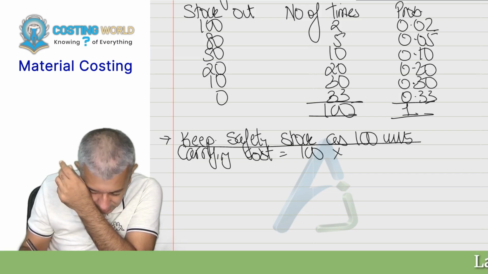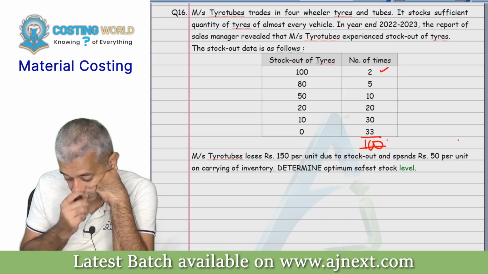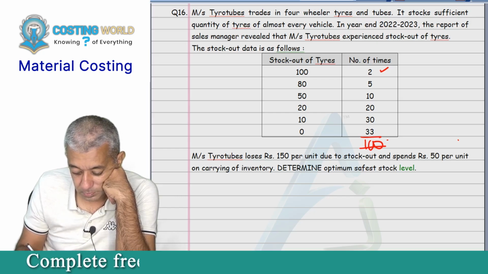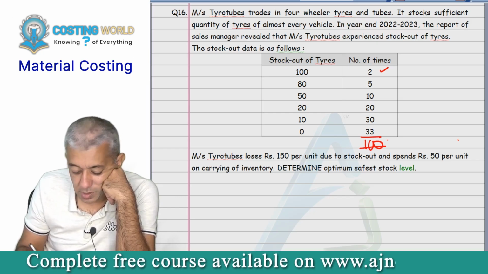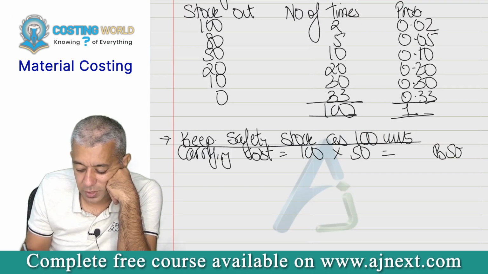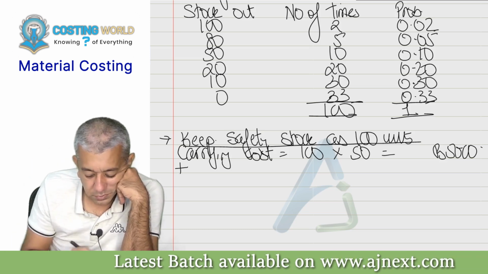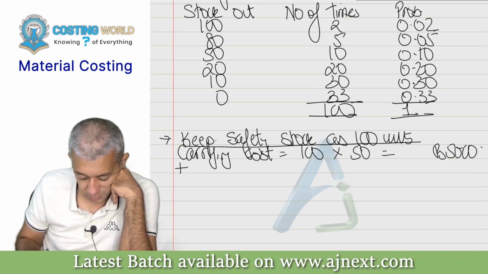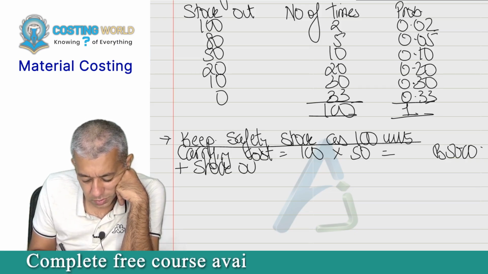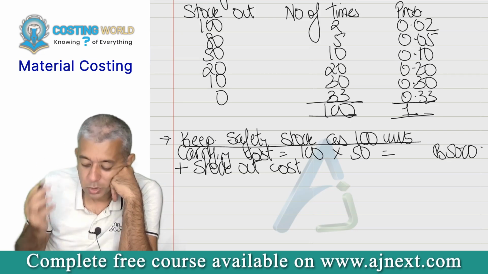100 into, tell me what's the carrying cost, beta? What is the carrying cost? 50. So therefore this will be rupees 5,000 that I am going to be spending, plus stock out cost.